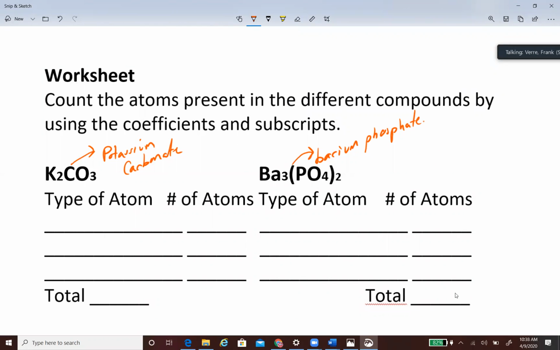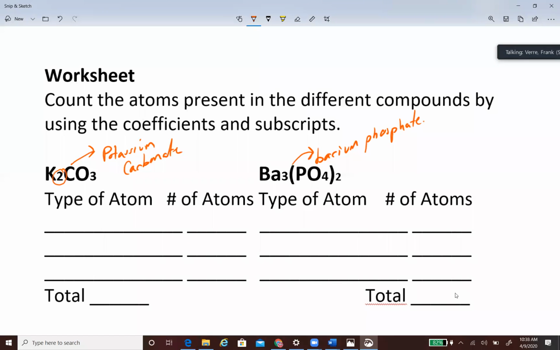That's a really important skill. That's why naming and figuring out the formula is the first thing you learn in chemistry. Now, what we're going to do here is figure out a way to count the number of atoms in each compound. If you remember, the subscript tells you the number of atoms.